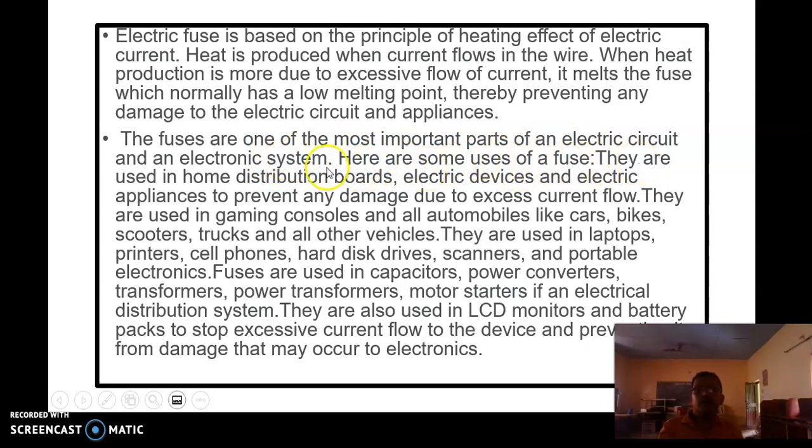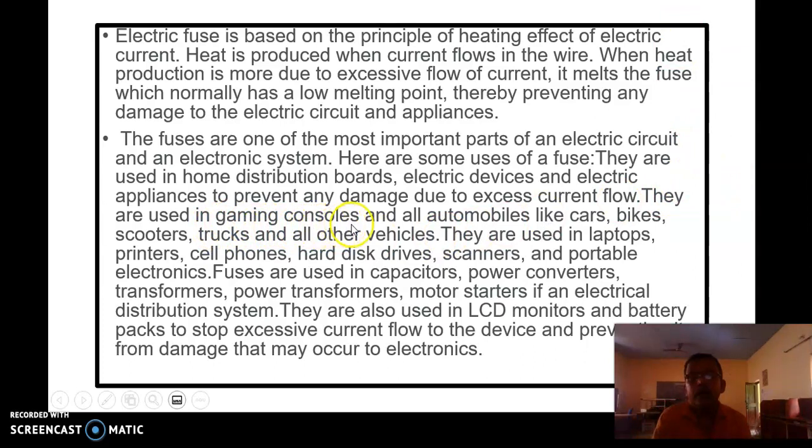They are used in home distribution boards, electric devices and appliances to prevent damage due to excess current flow. When excess current flows, because its melting point is very low, it melts. When it melts, the circuit breaks, so it avoids any danger.